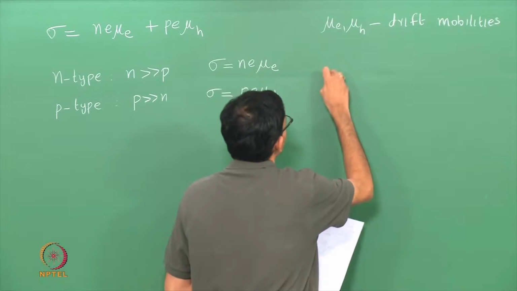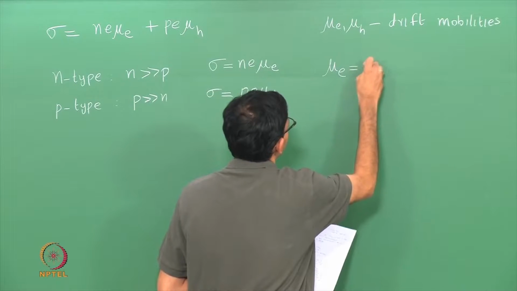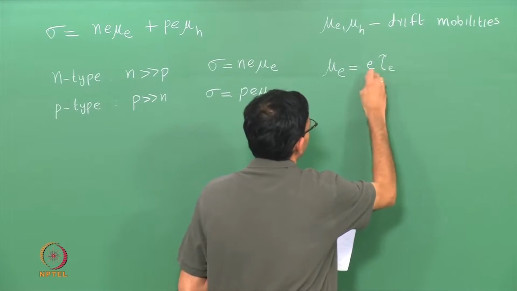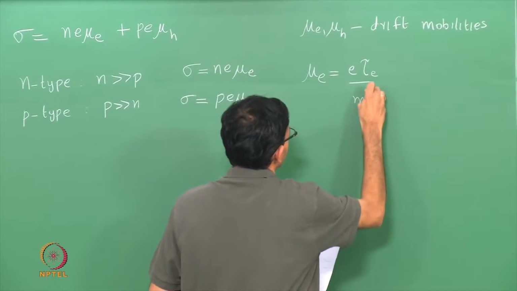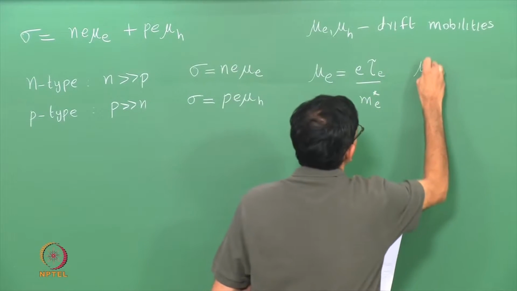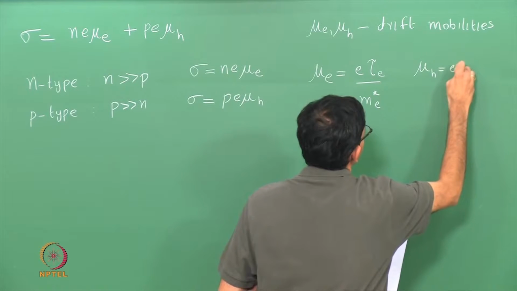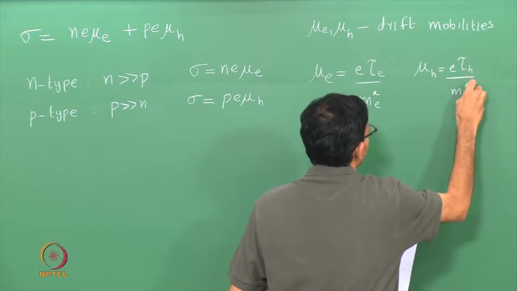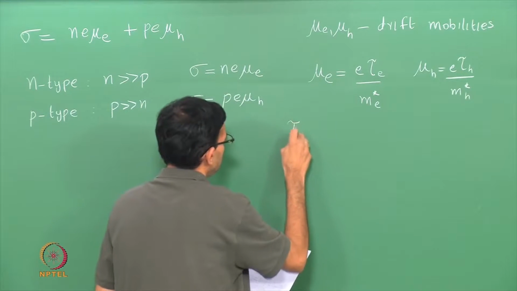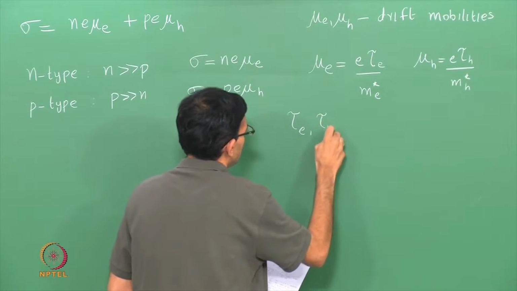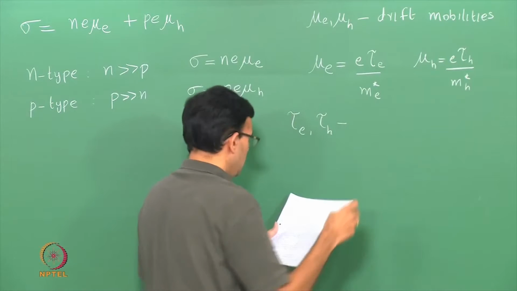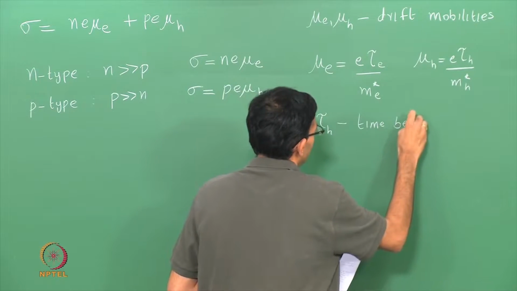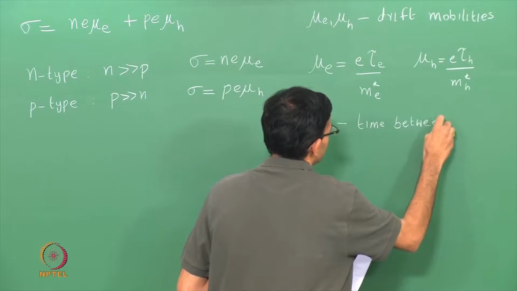We also saw earlier that mu E is nothing but e tau E over m E star, mu H is e tau H over m H star, where tau E and tau H are the time between two scattering events.